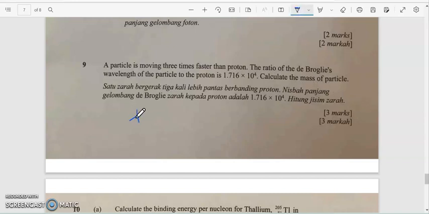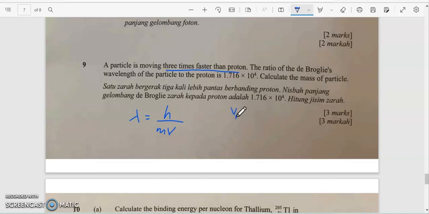Just recall back the de Broglie wavelength is equal to h, the Planck constant, over mv, mass times velocity. It states that the particle is moving 3 times faster than the proton.